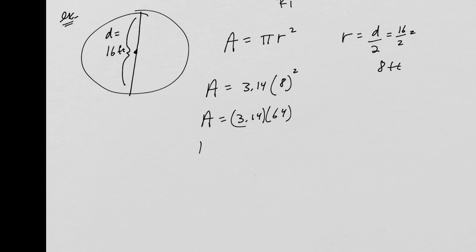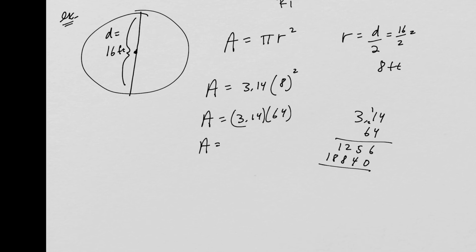And then I can do that on the side here, or you could check this with your calculator if you wanted to. So this is what? 4 times 1 is 4, plus 1 is 5. 4 times 3 is 12. 0. 6 times 4 is 24. Carry the 2. 6 times 1 is 6, plus 2 is 8. 6 times 3 is 18.